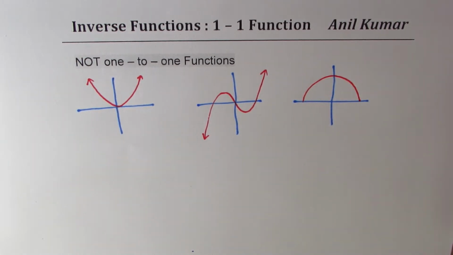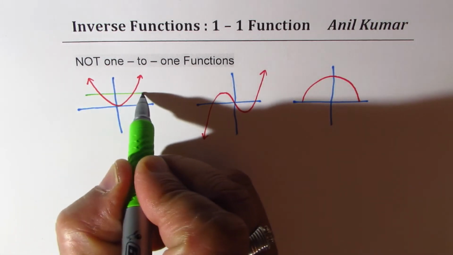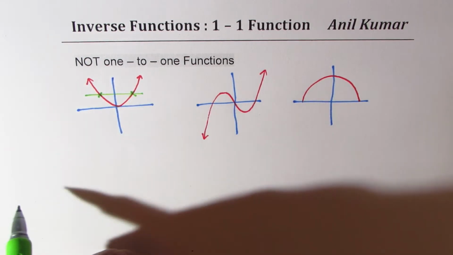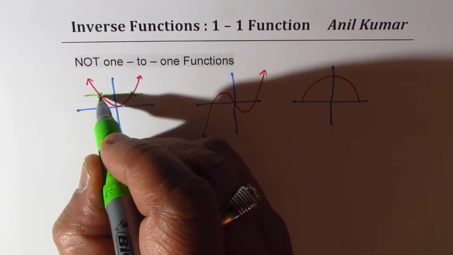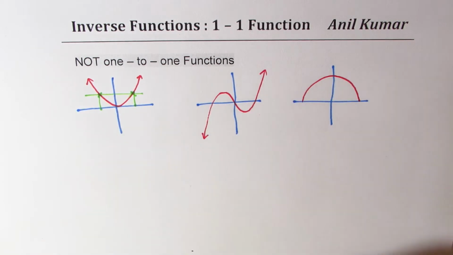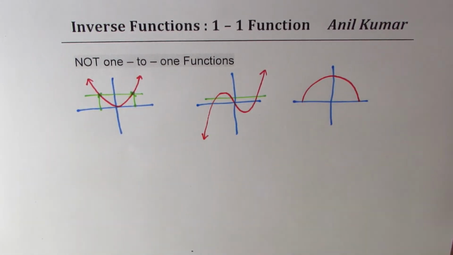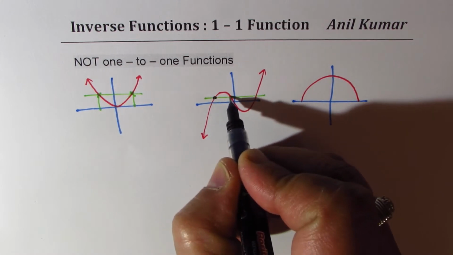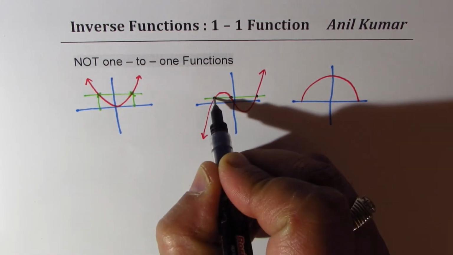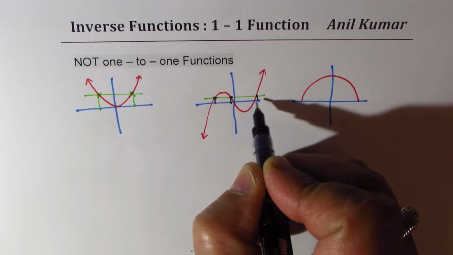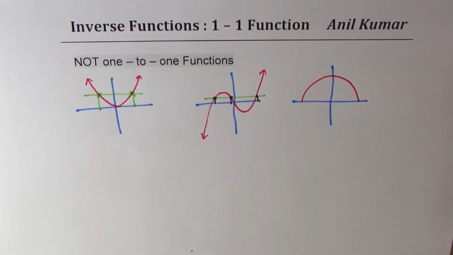Now, in these examples, what you notice is that for a particular y value, let us say this, which is same, we have two x values. Do you see that? Here also, we see that if I draw a horizontal line, it cuts at different points on the graph, more than one. All these points have fixed y value but different x values. You see that?